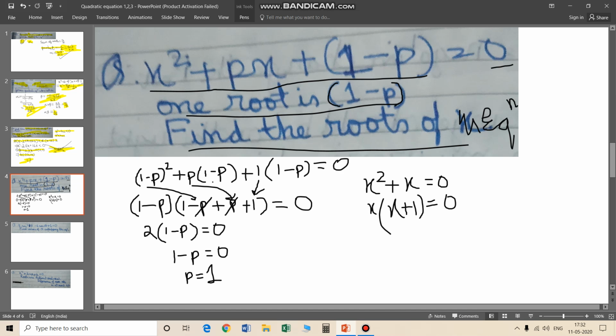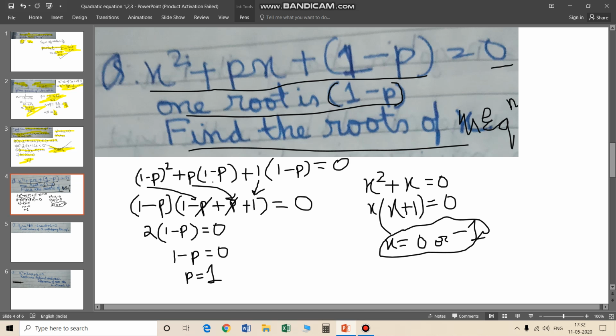From here we get a value either x is equal to 0 or x plus 1 is equal to 0, then x is equal to minus 1. Done. We have come up with a solution, x is equal to 0 or minus 1.